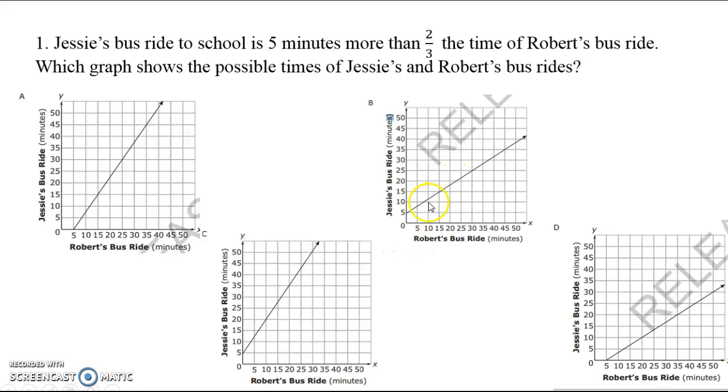So let's see B. We would rise 2, and then run 3, and B is definitely our answer because we started at the point that was given, and then we rose 2 over 3. So let's move on.